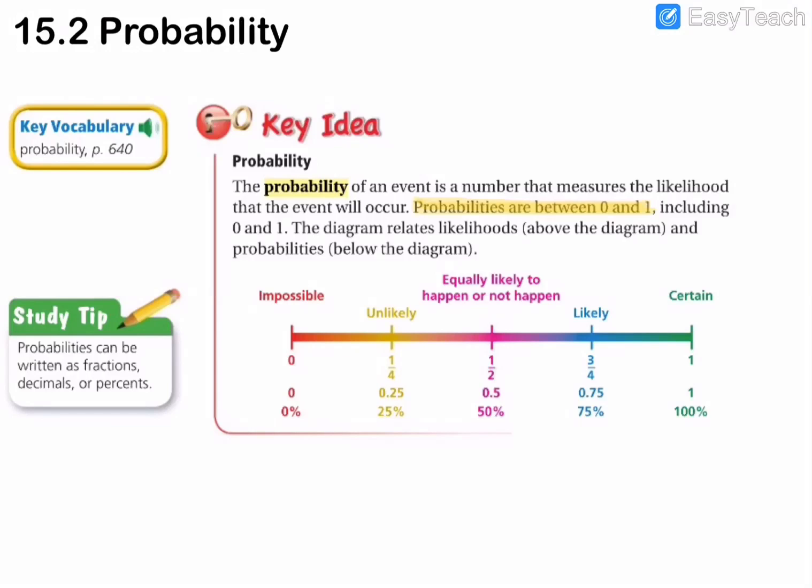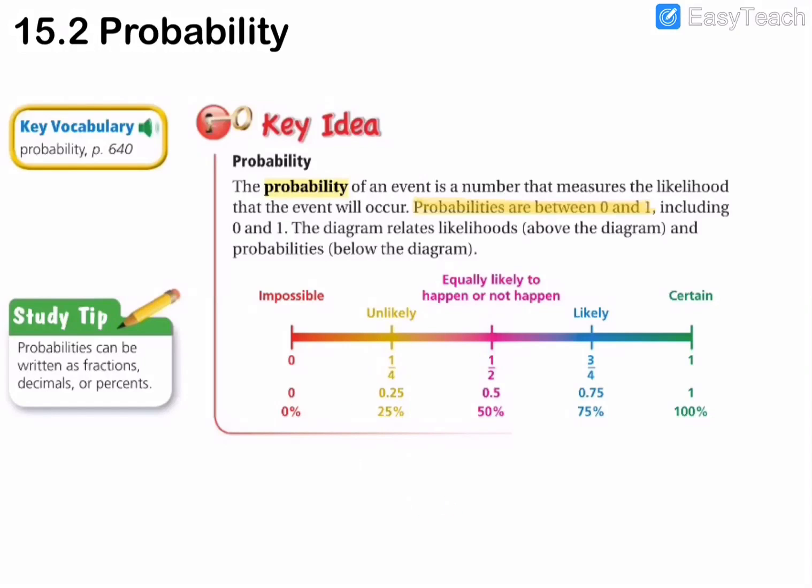All right, so for example, if your probability is 0% chance of something happening, then the likelihood of that happening is impossible. Okay? If you have a 25% probability of something happening, then it is unlikely to happen.